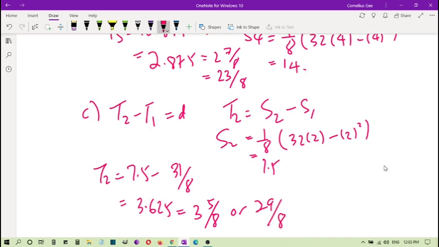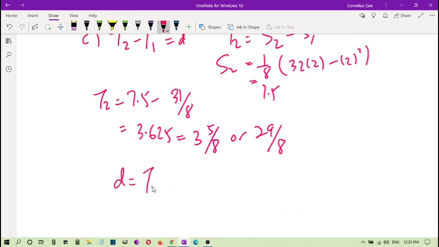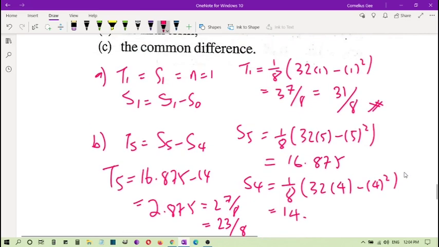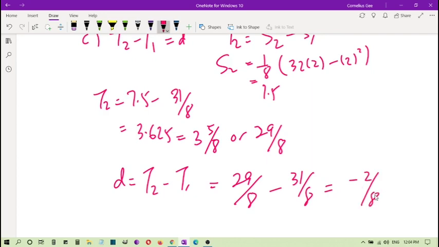But this is not the common difference, because the common difference D is T2 minus T1, which is T2, 29 over 8, minus T1, which is 31 over 8. So this will give you negative 2 over 8, or negative 1 over 4. So the common difference is negative 1 over 4.